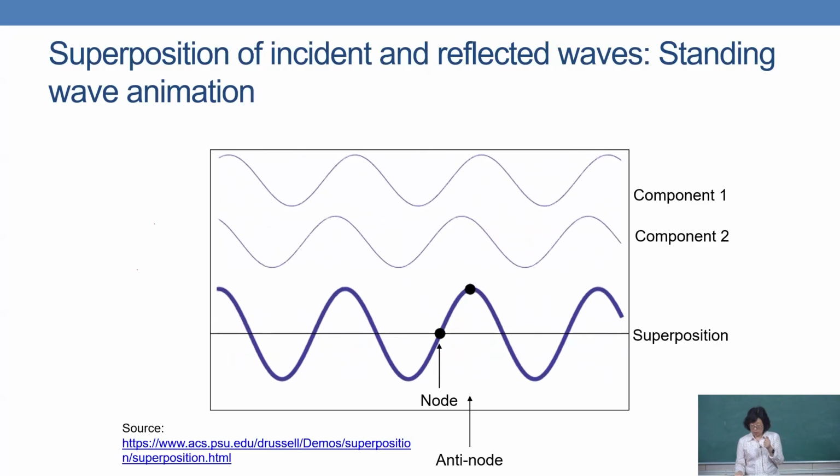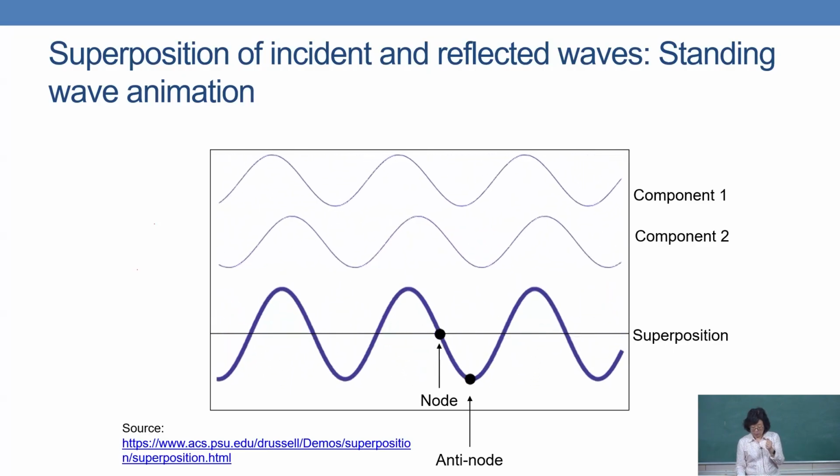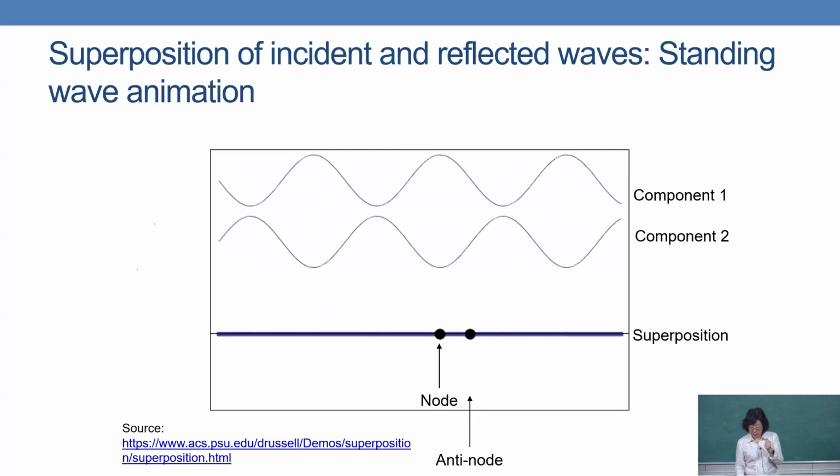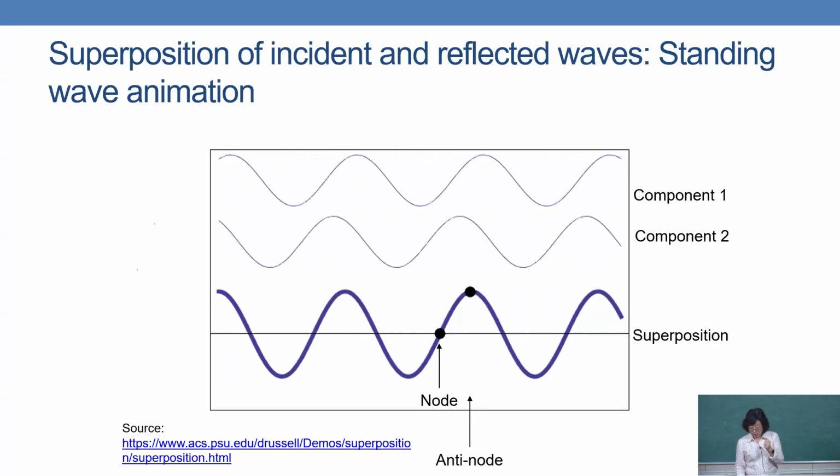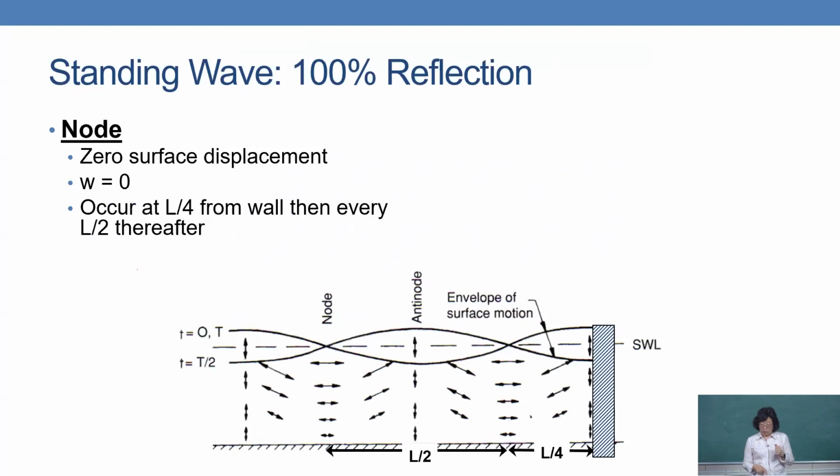So this is a simple diagram for you to look at. One is a node, one is an antinode. When you are looking at a node, that's a zero surface displacement. Vertical velocity at that location is 0. So then you are able to see where that occurred.